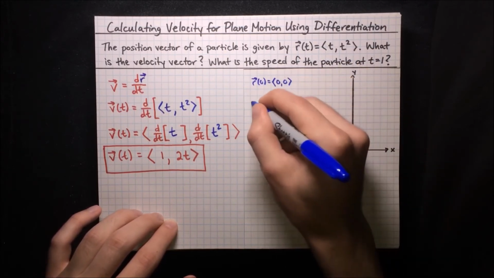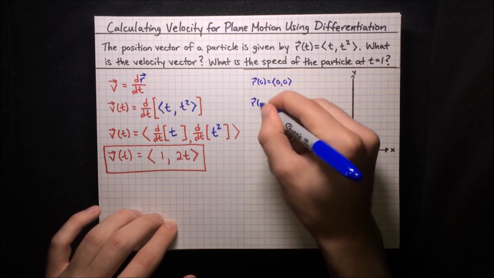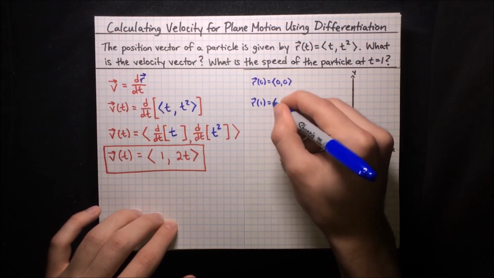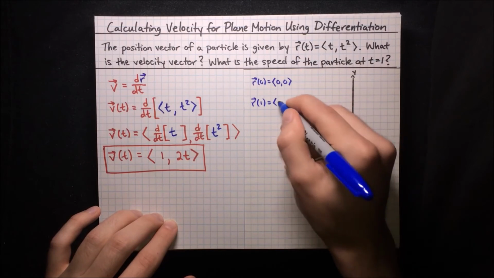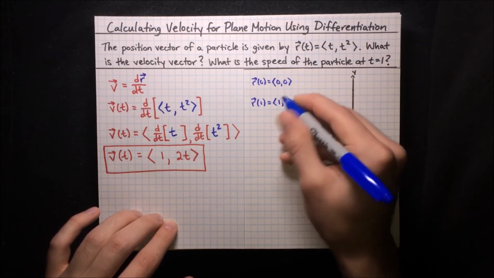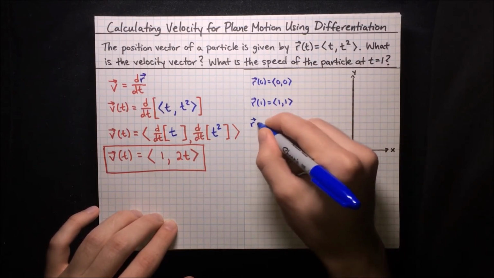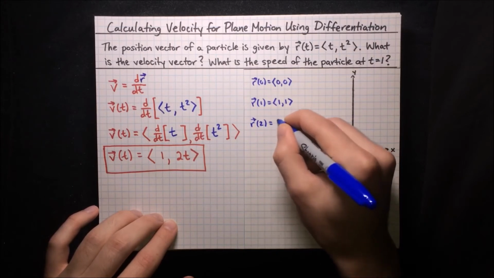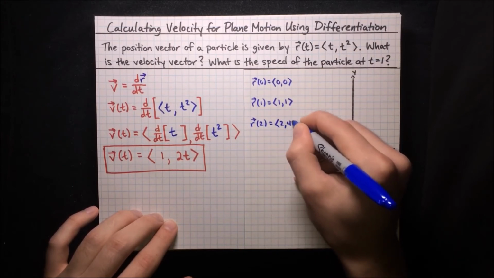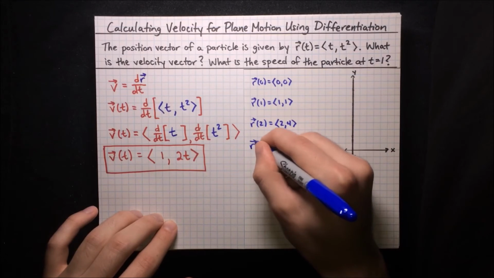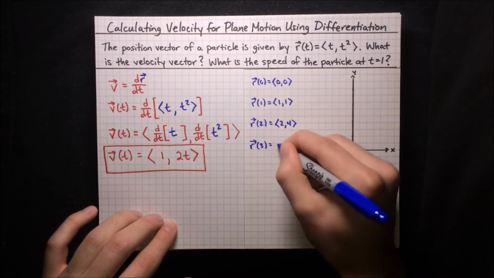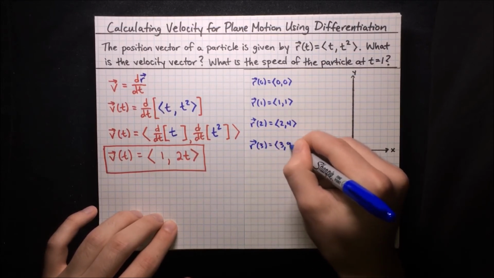And then let's get a couple more as well. So how about the position at t equals 1? R of 1 is equal to 1, 1 squared, so just 1, 1. Then R of 2 is equal to 2, 2 squared, so 2, 4.